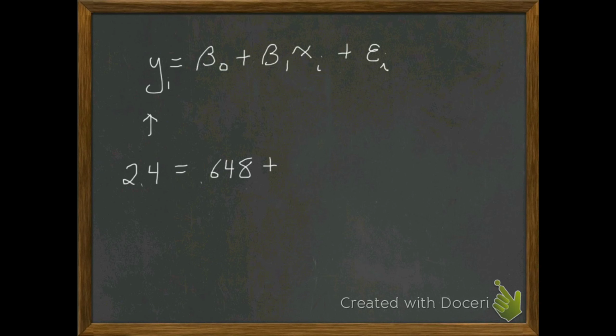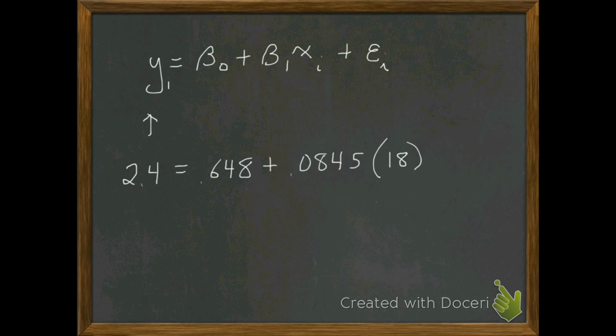And we have 0.0845. If we take the x value, which would be the ACT for this particular student, we're going to see that we don't have an equality. For example, the left-hand side is 0.648 plus 0.0845 times 18.